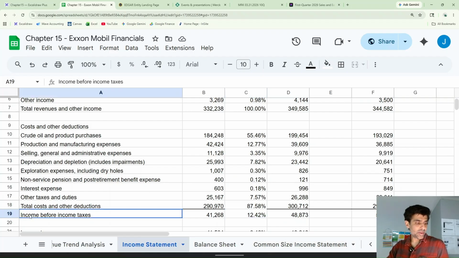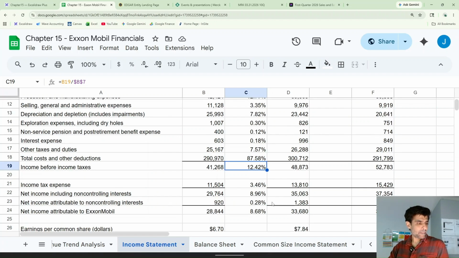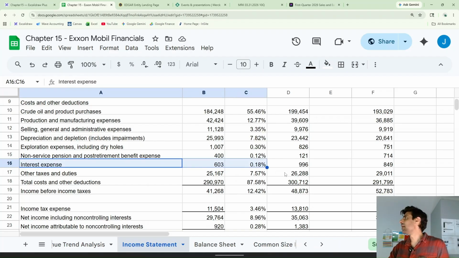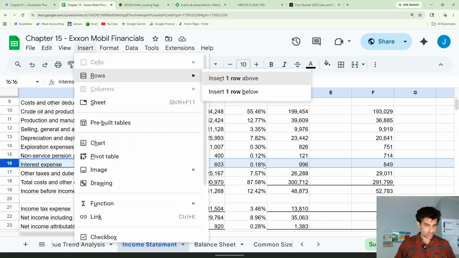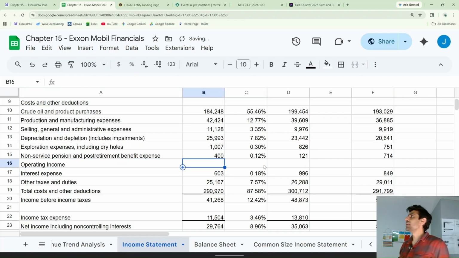Okay. So the income before income tax. Actually, their presentation is a little bit non-standard because they're first putting interest expense and not giving a subtotal before that, because really this would be operating income, which is a standard kind of thing where it's basically your profit before interest, before tax, before any of the other miscellaneous stuff.